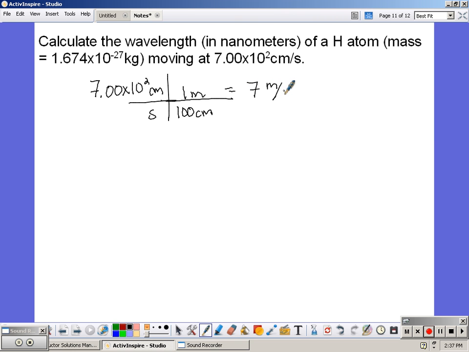So I want to calculate the wavelength. So the wavelength equals Planck's constant divided by my mass. And we do want the mass in kilograms because a joule is kilogram meter squared per second squared, times our speed in meters per second.